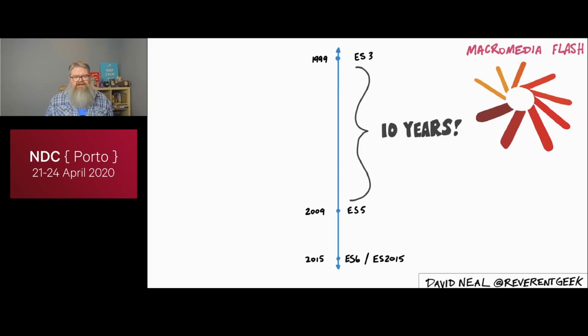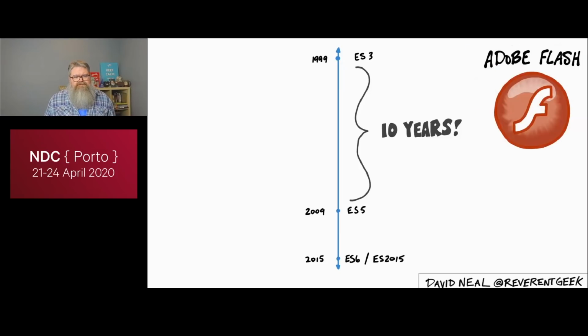So between 1999 and 2009, the developers at Flash were early implementers and adopters of the proposed ES4 spec, and they were helping to push the language forward. By 2006, ActionScript 3 had classes and interfaces. It had a type system.